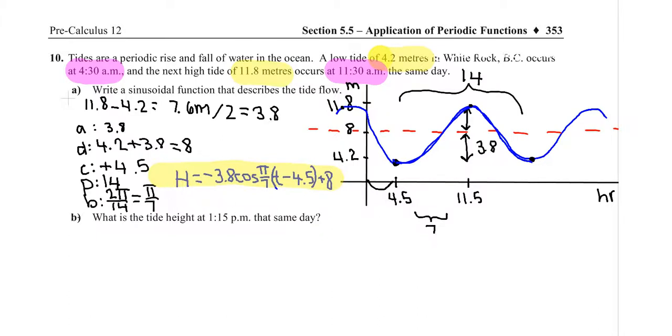Okay, so now with that equation, we can just plug in a number. The second part of the question asks, what is the tide height at 1:15 p.m. that same day?